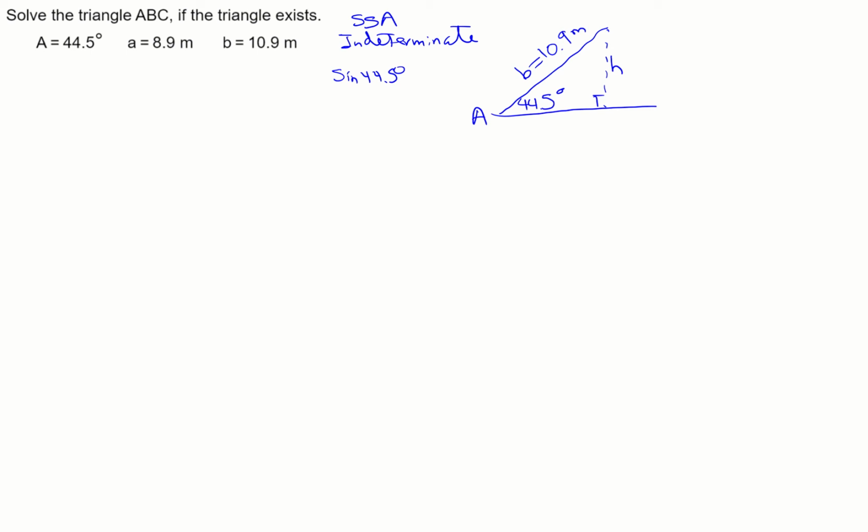So we get h over 10.9. If we cross multiply, we get h equals 10.9 sine of 44.5 degrees.